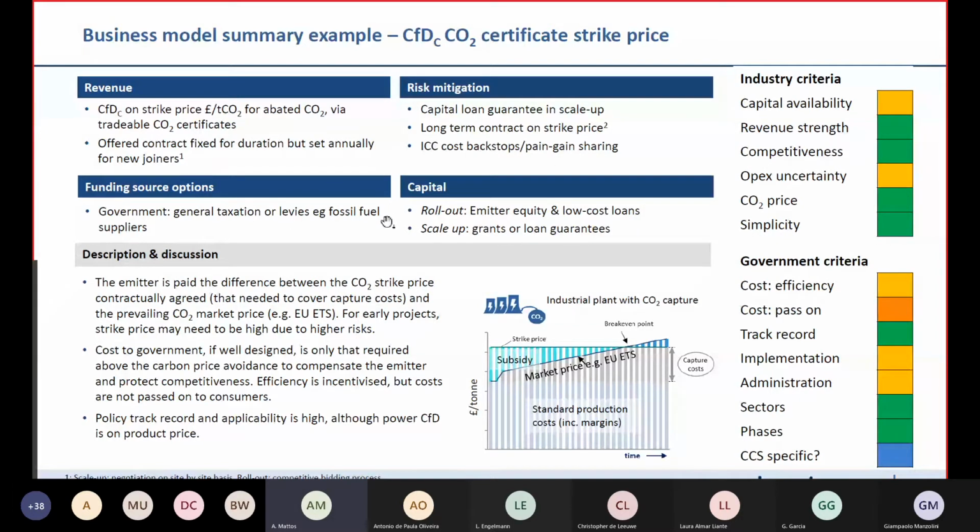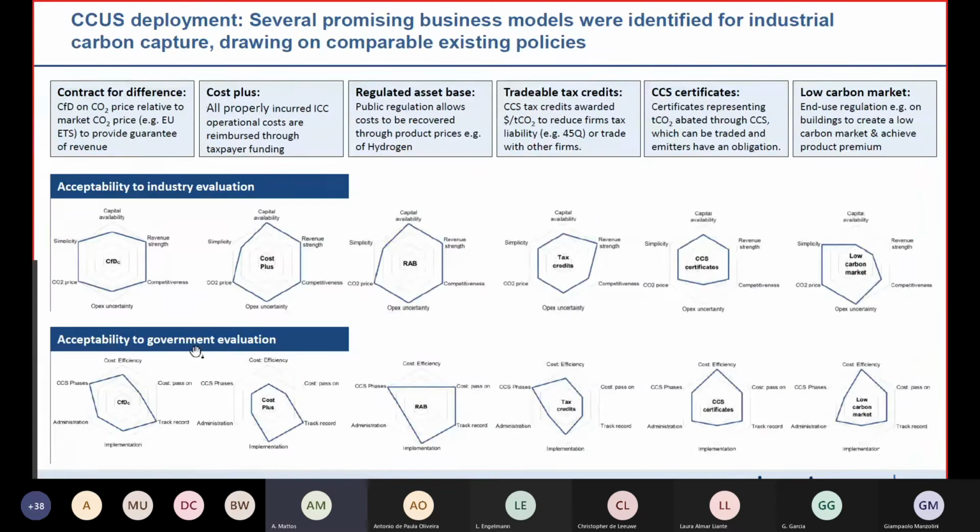Then the funding source, which in this case would most likely be general taxation, and your capital options. On the right hand side you can see some scores, where green shows that the model performs well on that criteria, and orange means that it struggles. For example, this model struggles to pass those costs onto the consumers of industrial products. So that's just an example.